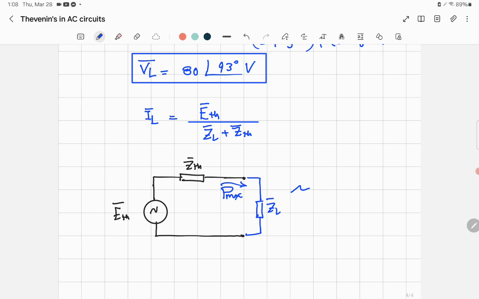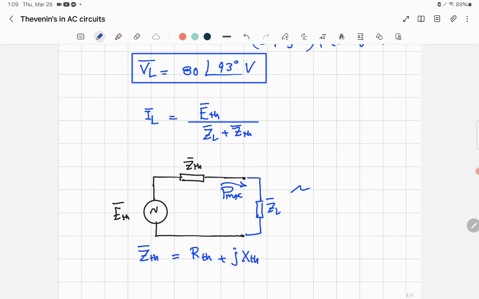Well, we know that Z Thevenin consists of resistance in series with an inductor, whatever we have, right? So how can you find the maximum power? Very simple. Let me just write here. Z Thevenin is equal to R Thevenin plus J X Thevenin.